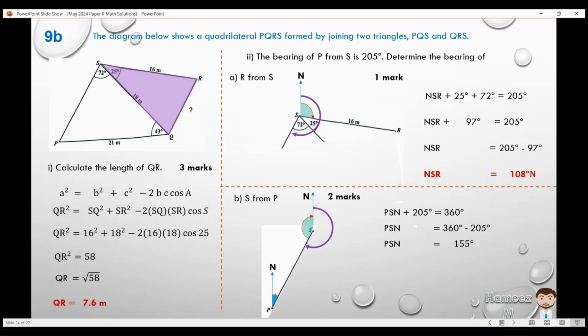And if the angles are co-interior angles, then they will add up to 180 degrees. So the angle which is green plus the angle which is in blue is 180. SPN plus 155 is equal to 180. So you can minus 155 from both sides. So the angle SPN, which indicates the bearing of S from P, is 25 degrees.